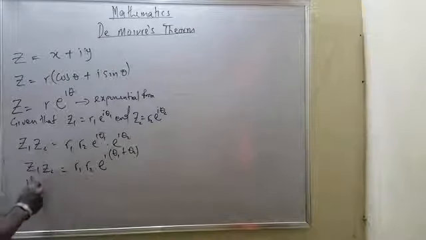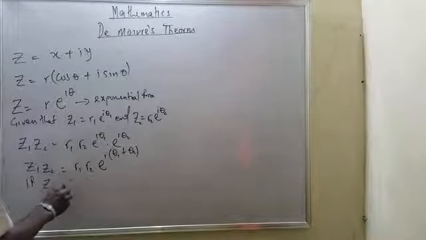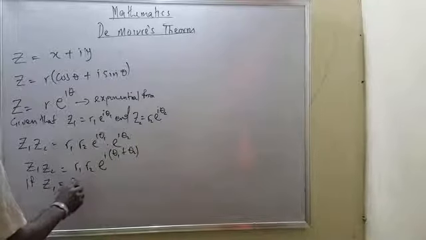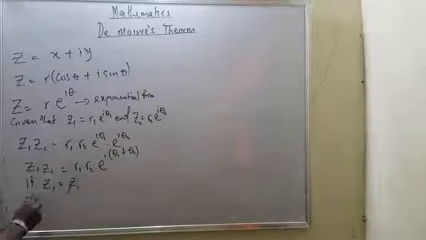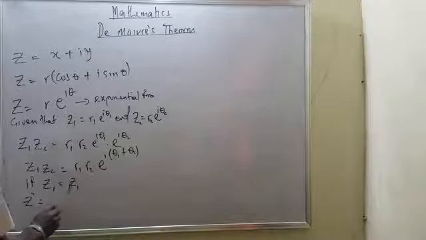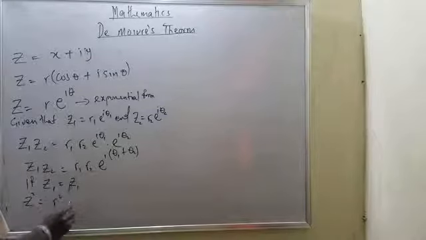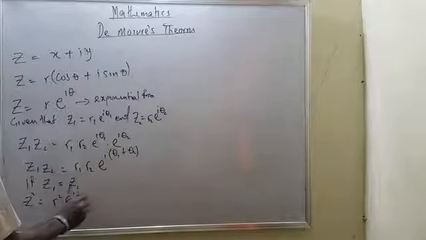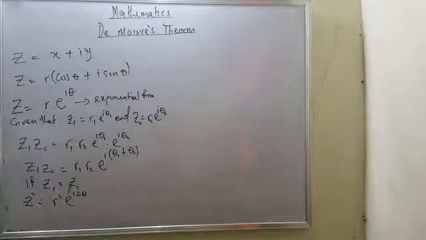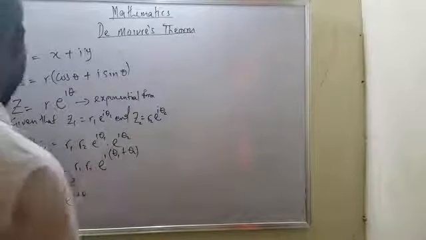Now, on the condition that z1 equals z2, I will have r squared e^(i 2 theta). Since they are equal, they can be added up.